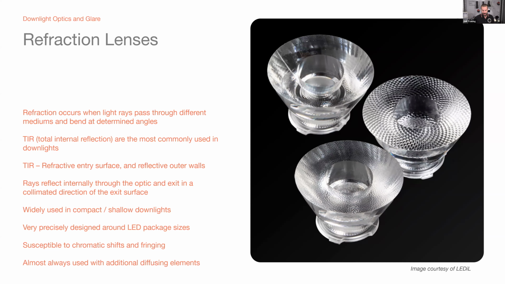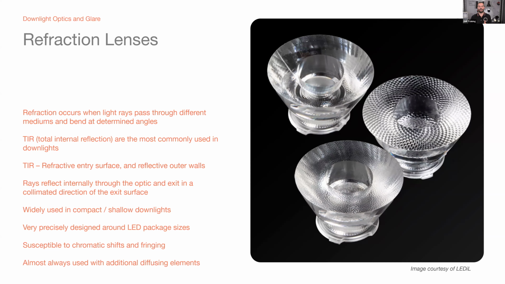One thing about TIR lenses is that they tend to also introduce some chromatic shifts or color fringing around the outside of the beam. So that can be a disadvantage. And they typically, not always, but typically need an additional diffusion or smoothing optical element to make them a more complete optical system.